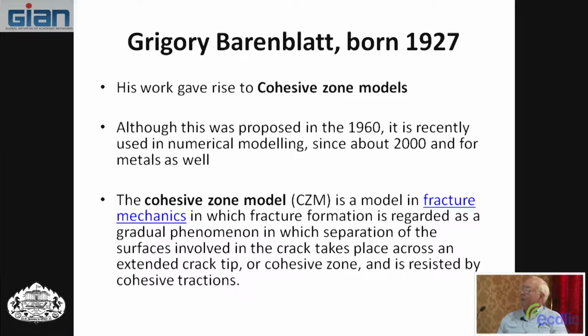But he developed this cohesive zone model that's used in concrete in the 1960s, and recently, since about the year 2000, it's used in metals as well. This cohesive zone model lends itself very well to numerical work.